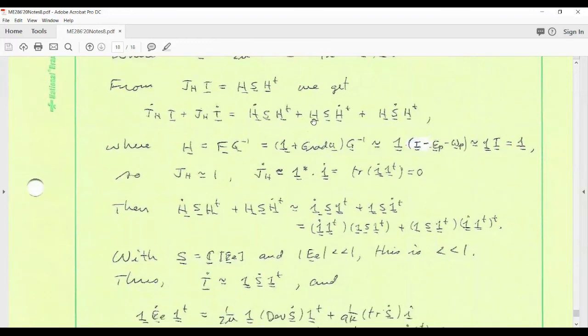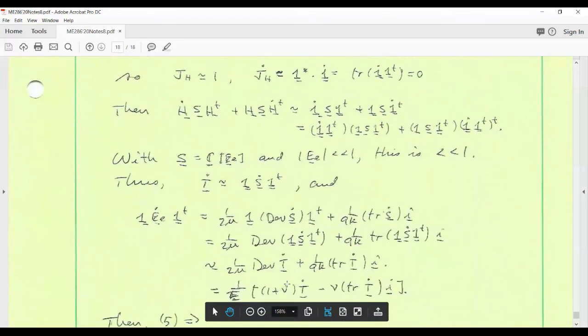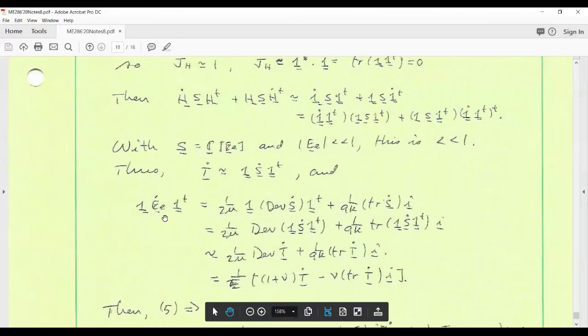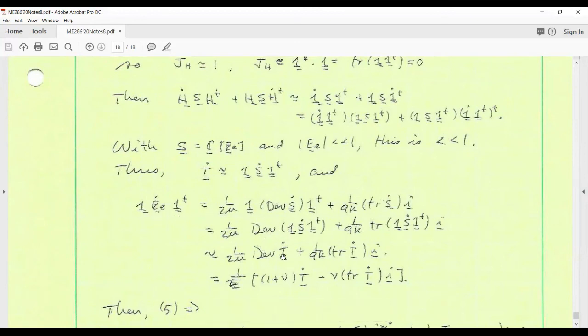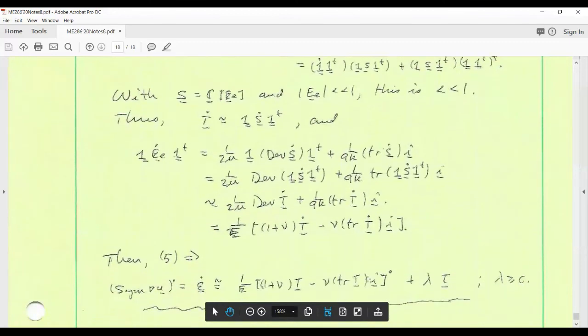So if we neglect these small terms, we would just be left with approximately a shifted version of S dot times the transpose of that shifter. Put that back in the derivative of the strain-stress relation, and you get what you would expect right here.